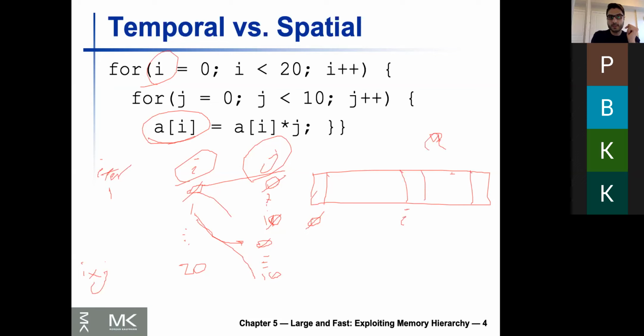So if you're categorizing these, we can say that I, J, and A of I could be temporal, since they're using the temporal locality. And for spatial, we are using that for A of I because there's contiguity involved here. At each of those iterations, we are accessing contiguous memory locations of the array. So your colleague was correct.